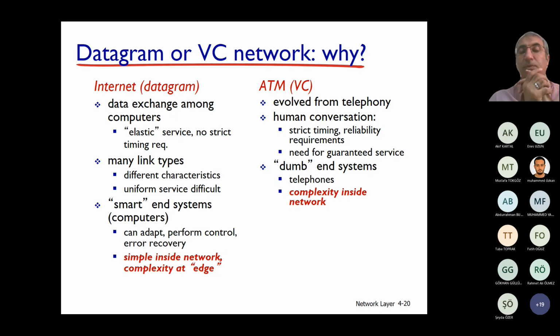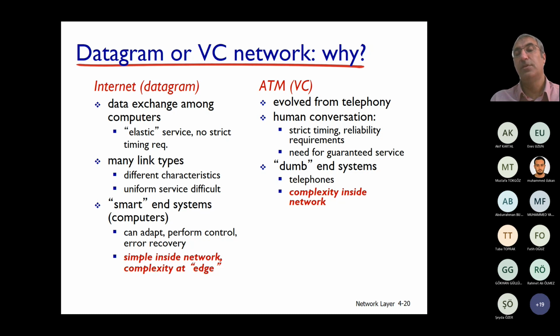So in summary, in this architecture, the network core is simple and the complexity is at the edge, which is in the computer. We have a very complicated end system, the computers at the network edge, but on the other hand, we have a simple network core in the datagram.